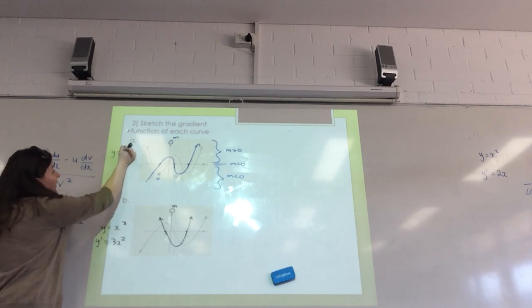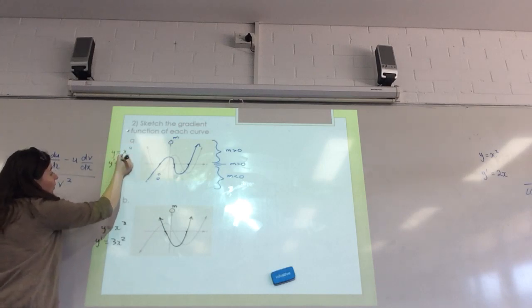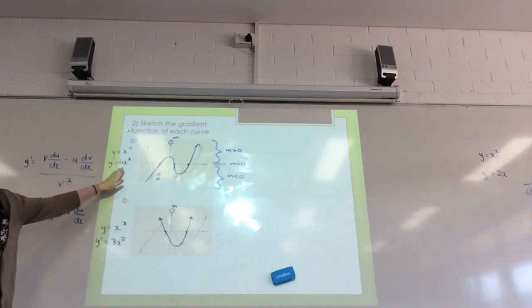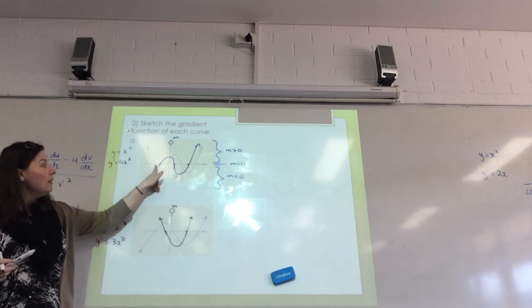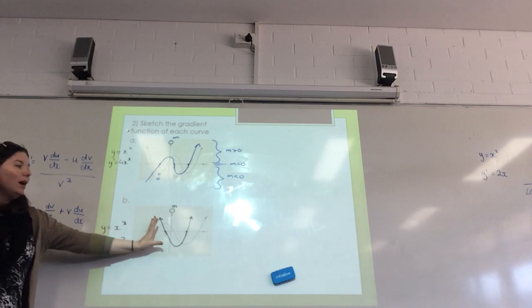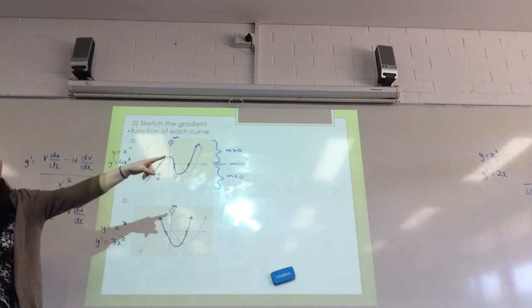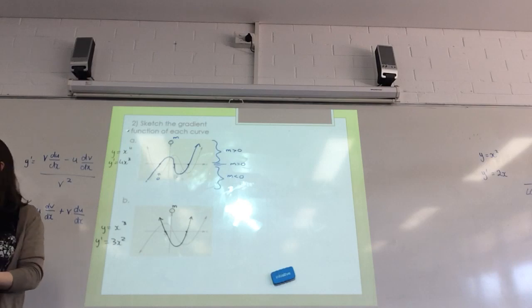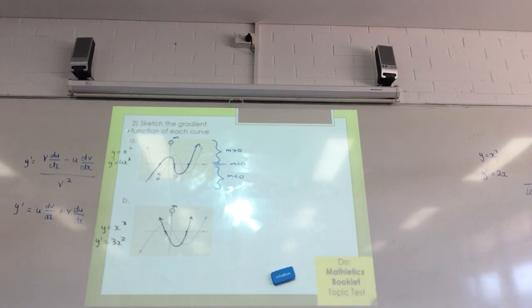If I differentiate a basic quartic, that's going to end up with a cubic, and you can see here I've got a cubic that's got some bumps along the way. If you differentiate a parabola, you get a straight line, so your gradient will look like a straight line. So you can kind of use that to help as well. This can be a little bit tricky, okay?